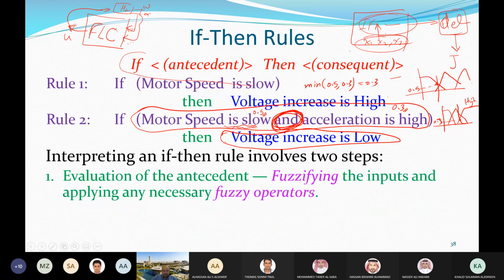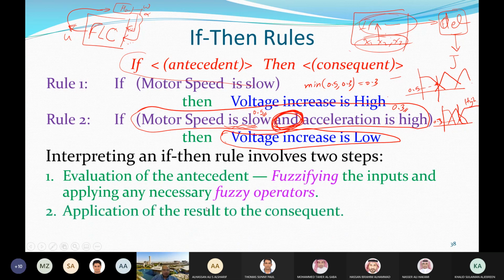You evaluate the antecedent: you measure the input, fuzzify it, measure the degree of membership, and then apply the fuzzy operators, and, or. Then the application of the result to the consequent. You have 0.3, so this 0.3 is the degree of satisfaction of the voltage increase is low.